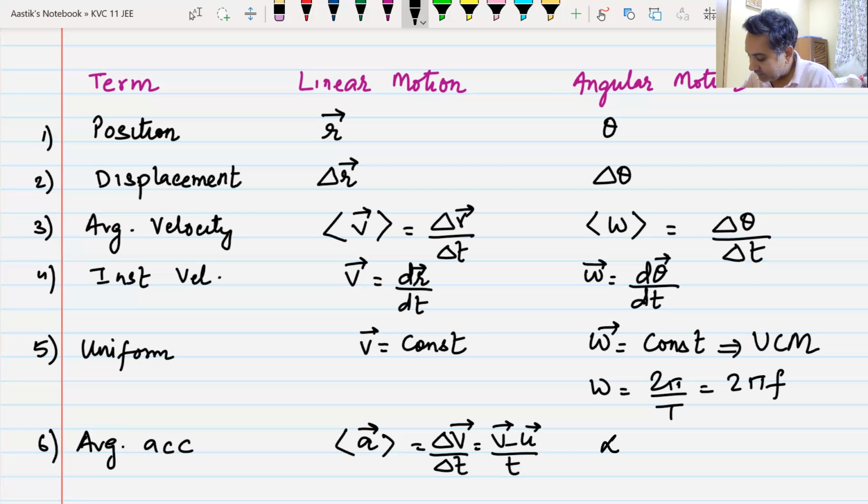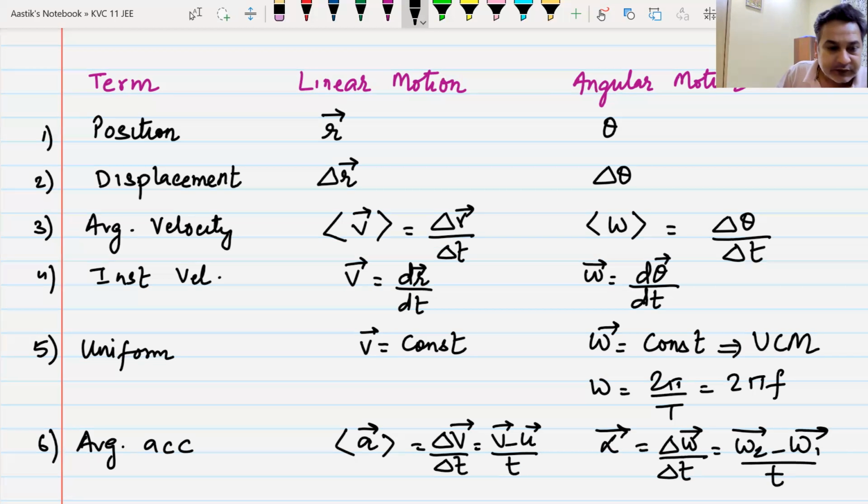Here we write it as angular acceleration alpha, total change in angular velocity divided by total time, omega 2 minus omega 1 divided by t. I hope all of us are understanding this, yes or no?